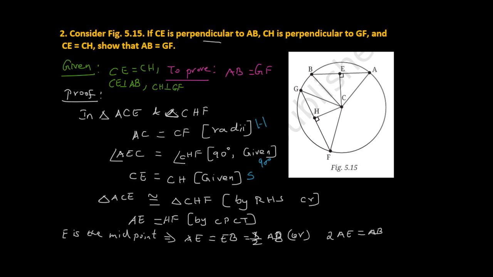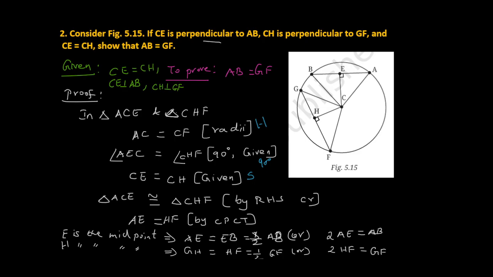Same way, H is the midpoint, which implies GH is equal to HF, which is equal to half of GF, or we can say twice HF is equal to GF.